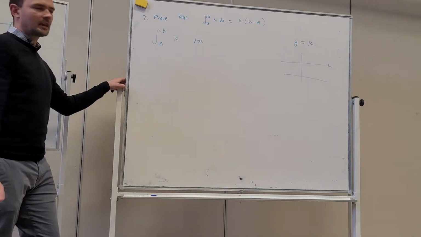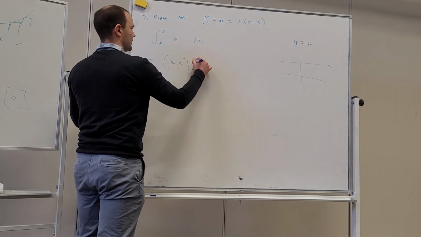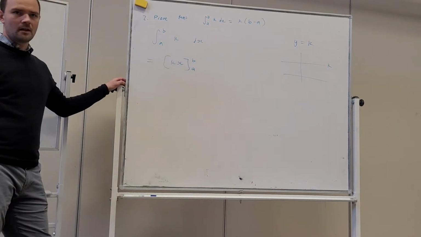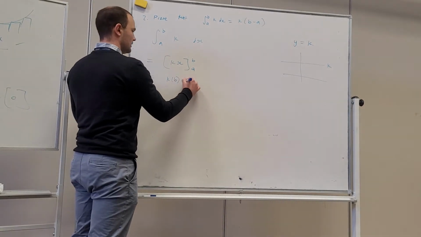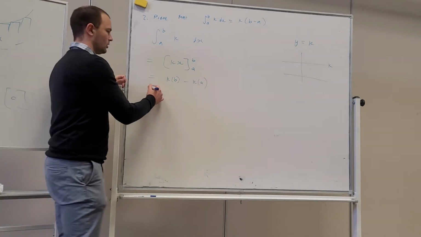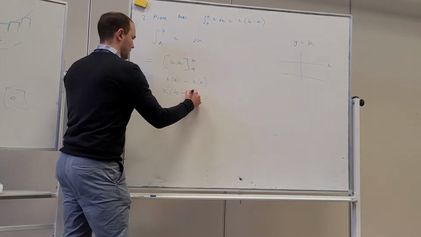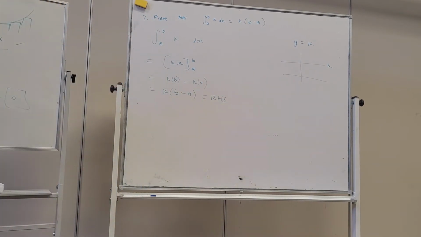Now when you integrate k, that becomes kx, and we're doing that from a to b. And then we use the fundamental theorem of calculus. This becomes k times b, take k times a, which is equal to k times (b minus a), which is the right-hand side. So a nice easy one there to prove.